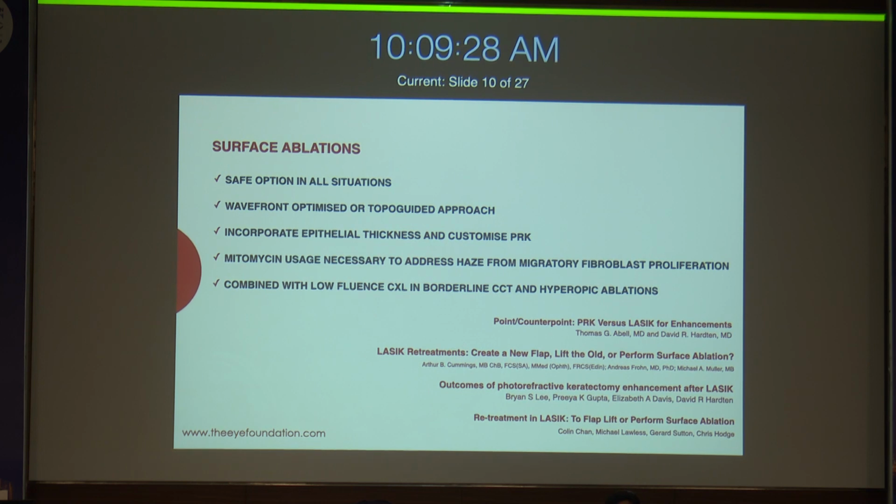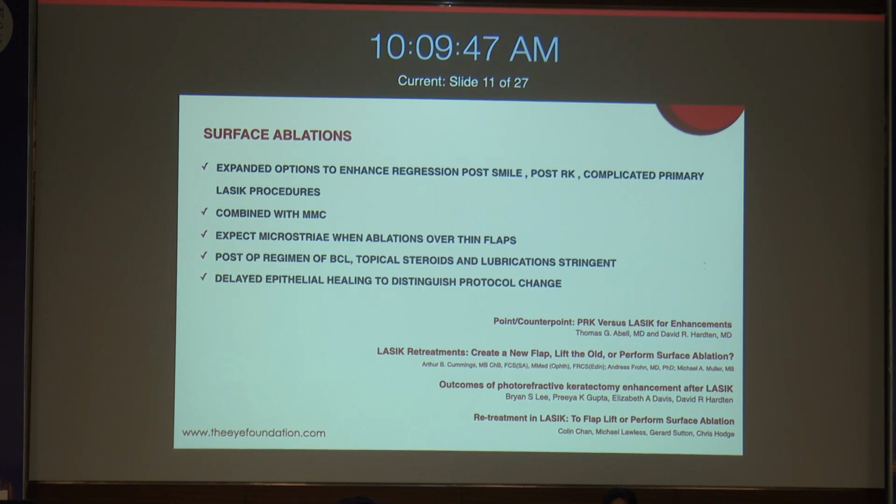Surface ablation is a major boon for primary enhancements or even for complicated cases, but I would like to add mitomycin in every case because it definitely is needed to address the haze which can occur, and if it is a borderline topography, I wouldn't mind combining it with low fluence cross-linking. I'm sure Dr. Sri Ganesh would agree on that.